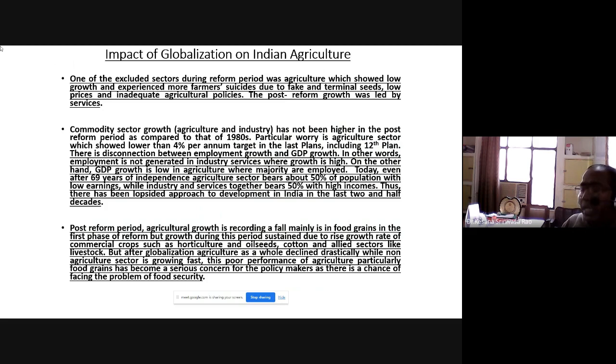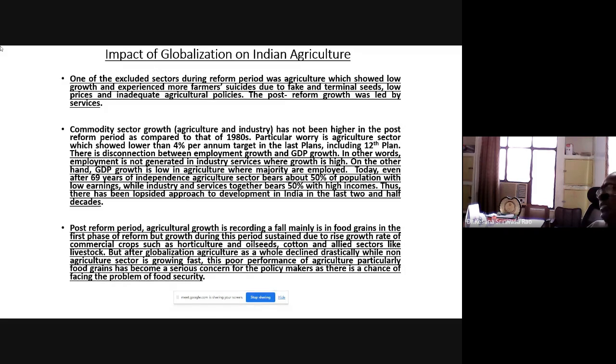As you all know, from the 1990s onwards India adopted LPG: liberalization, privatization, and globalization. Though it came in the 70s to 80s elsewhere, in India we started implementing it in the 1990s. Our economy has opened up, and the LPG process started.